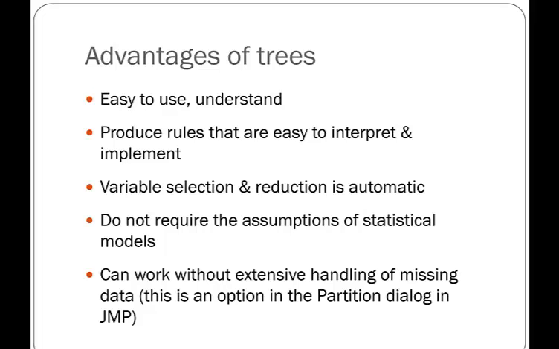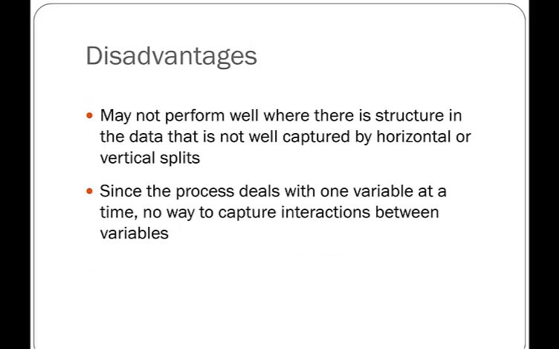What are the disadvantages? Well, if your variables are closely related to each other, and that is going through to the output variable, then it's very difficult to capture that, because all we're making here are horizontal and vertical splits.